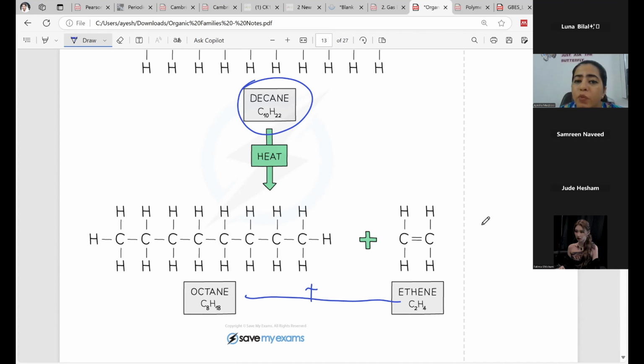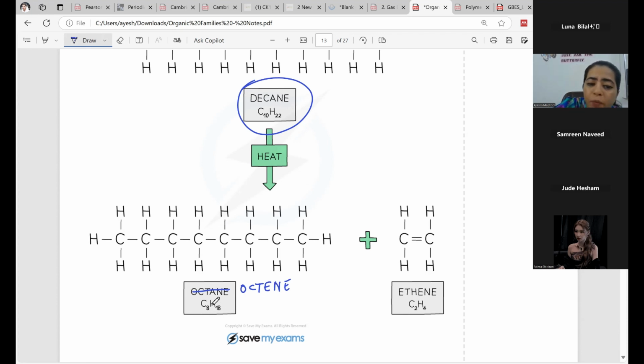Okay. So in what case can we get hydrogen? If we get, let's say, not an alkane over here, but an alkene, not octane, let's say it is octene. We are getting ethene, and maybe we are getting octene with it.